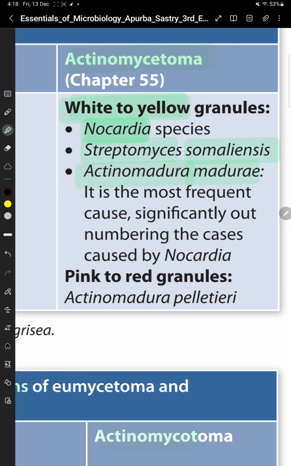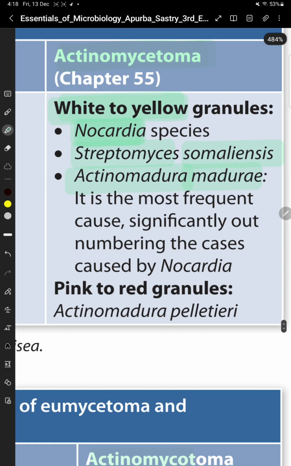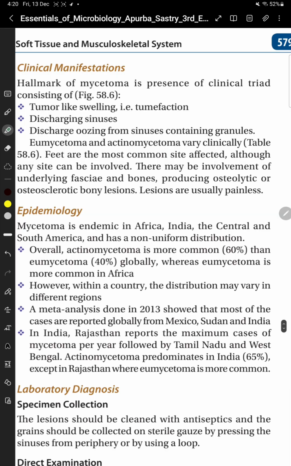It is the most frequent cause, significantly outnumbering the cases caused by Nocardia. एक्टिनोमाइसेटोमा जो कि बैक्टीरिया से होता है, उसमें वाइट टू येलो ग्रैन्यूल्स जो है, it is caused by Nocardia species, Streptomyces somaliensis और Actinomadura madurae. Actinomadura madurae, it is the most frequent cause. Pink to red granules caused by Actinomadura pelletieri.